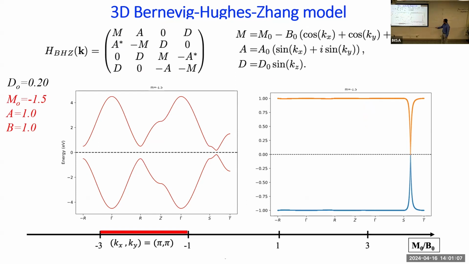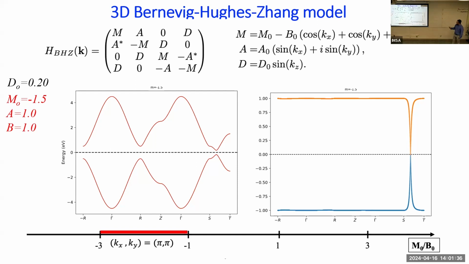Let's choose one region of M over B sub 0, where we have a gapped energy band structure. But we noticed something really special in the spin spectrum that was a real surprise to me. We obtain a band crossing in the spin spectrum for this particular path from S to T, the path where Kx and Ky equal pi.